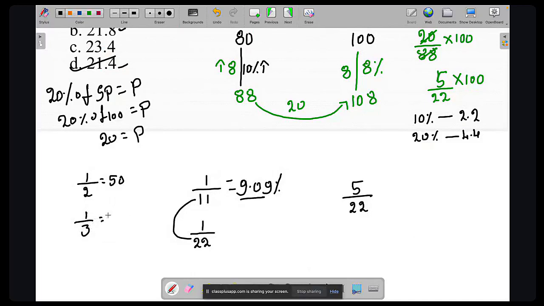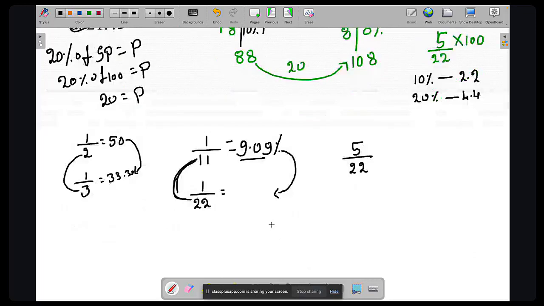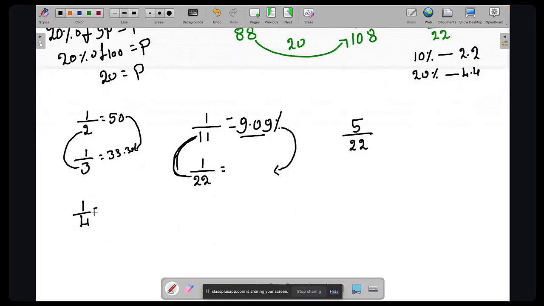1 by 3 is 33.33 percentage. If the denominator increases, the value will decrease. If the denominator is doubled, the value will be halved. For example, 1 by 4 is 25 percentage, and 1 by 8 is 12.5 percentage. If the denominator is doubled, the value will be halved.